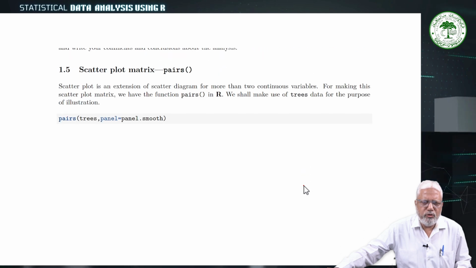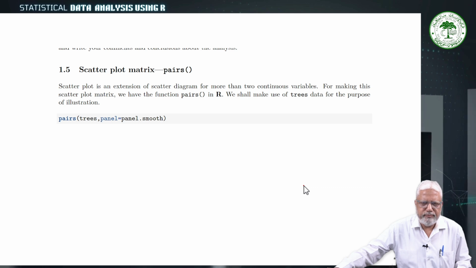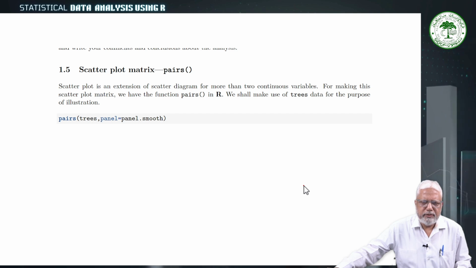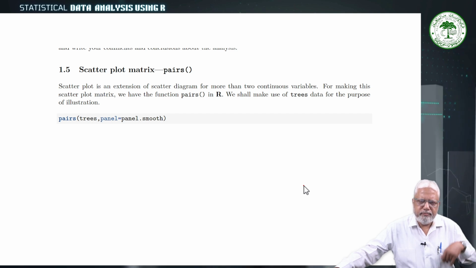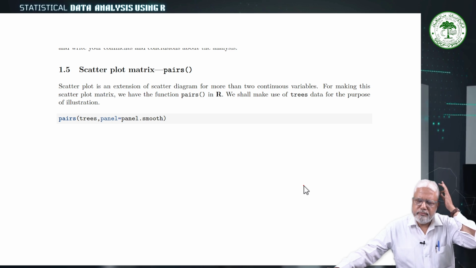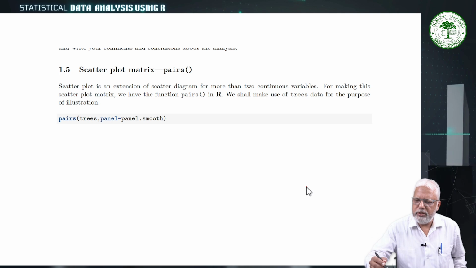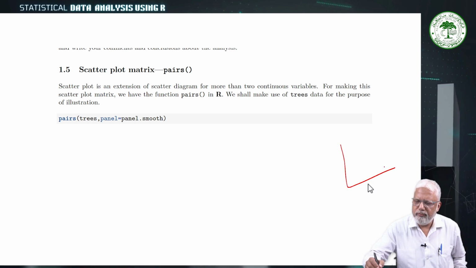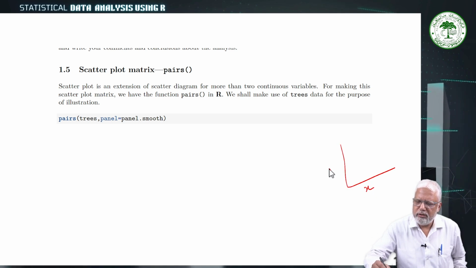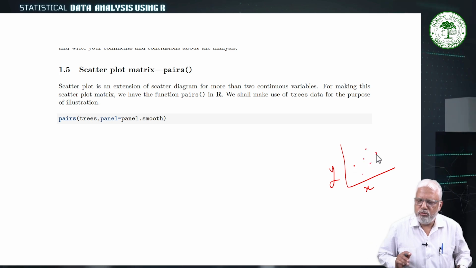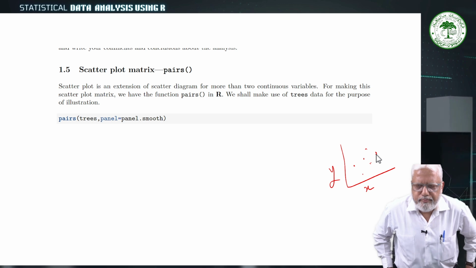Now I am going to talk about scatter plot matrix. You know, scatter plot, scatter diagram, actually it is like this. Scatter diagram, if we have x-axis here, y-axis here, and a pair of points, this is known as a scatter diagram.